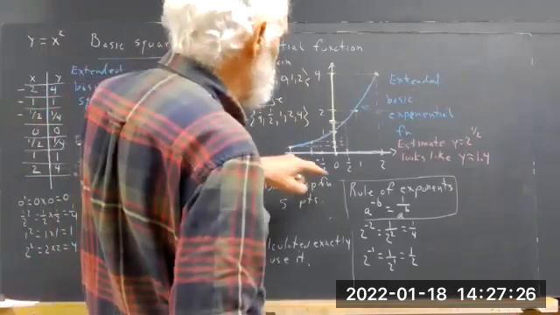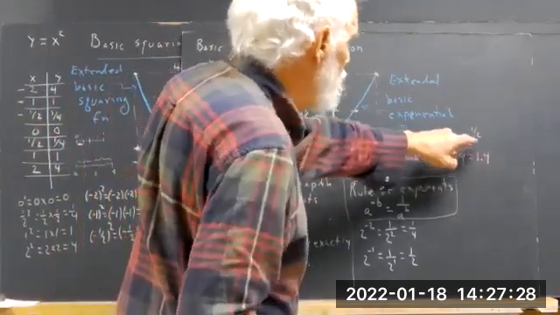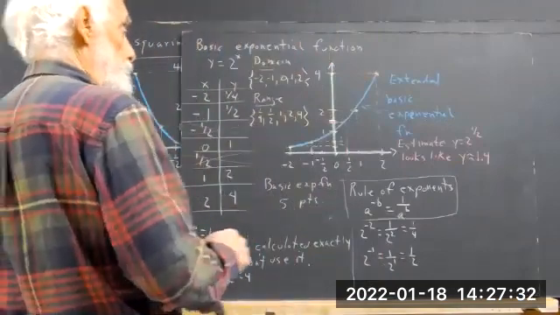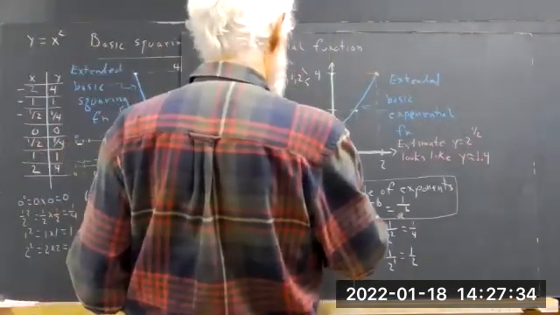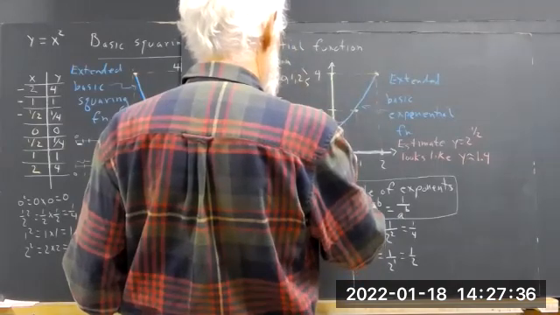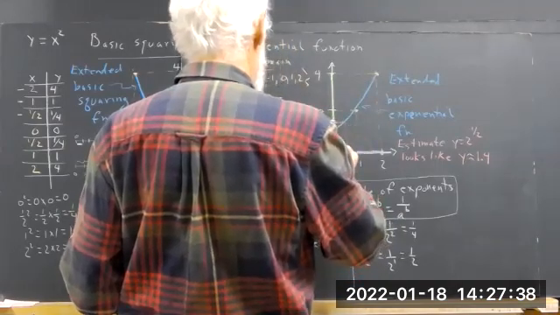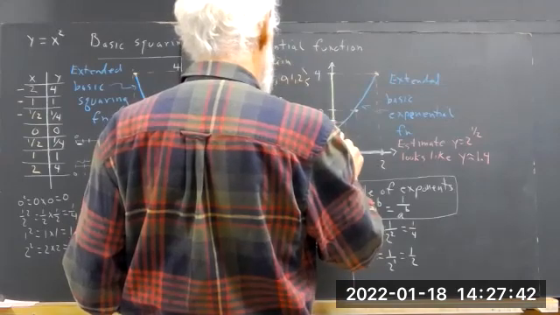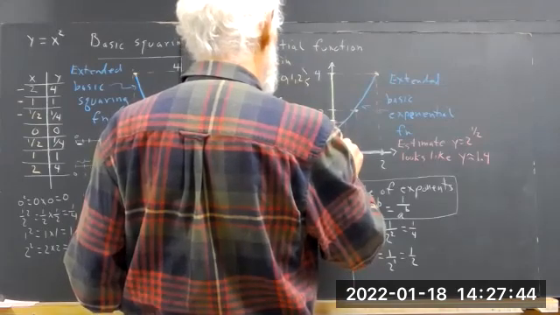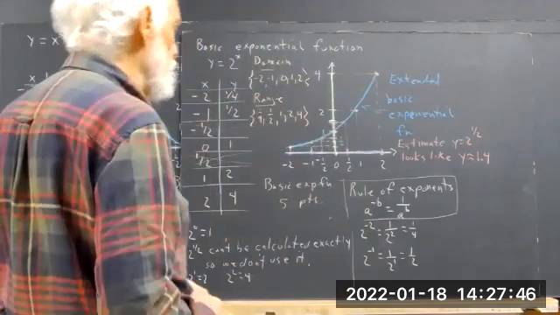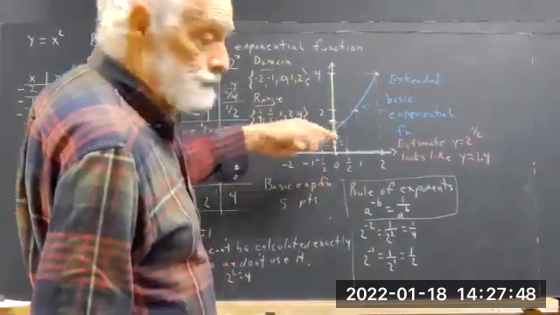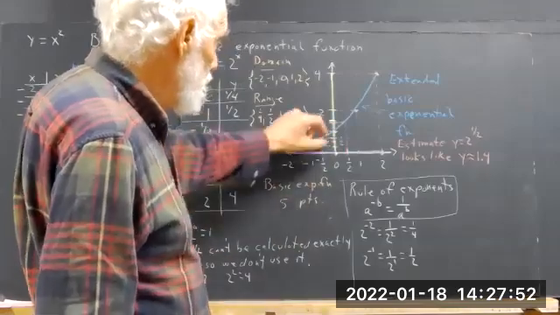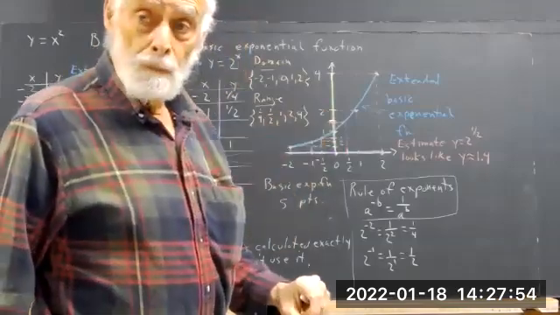If I want to estimate y equals 2 to the negative 1/2, I can do that. And it looks like it's closer to 1/2 than it is to 1, but not all that much closer.